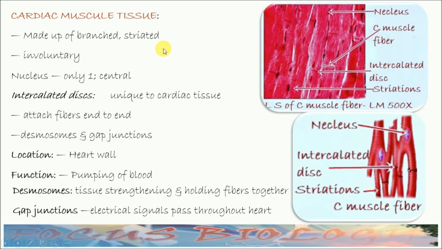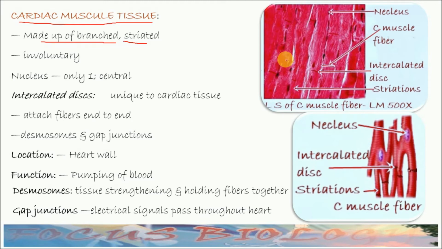Next, cardiac muscle tissue. Cardiac muscle tissue is found in heart and it is made up of branched muscle fiber. It is again striated. Here you can see these are striations, and here you can see this is branching, one another.